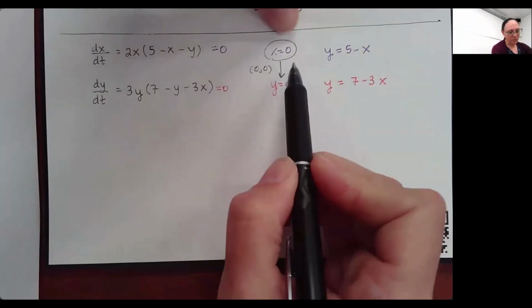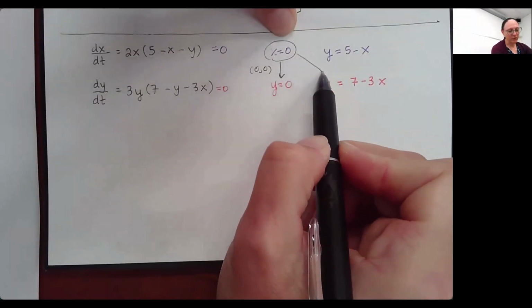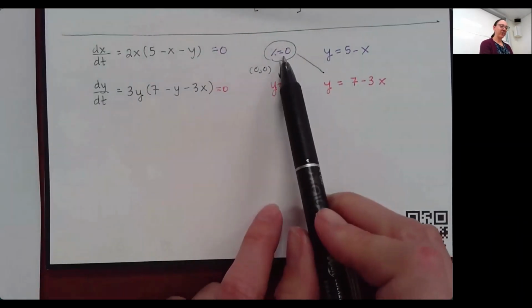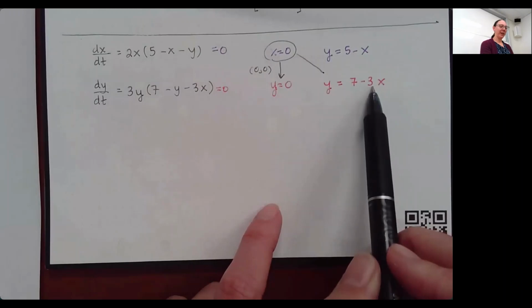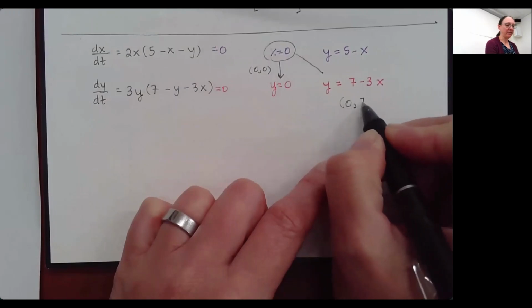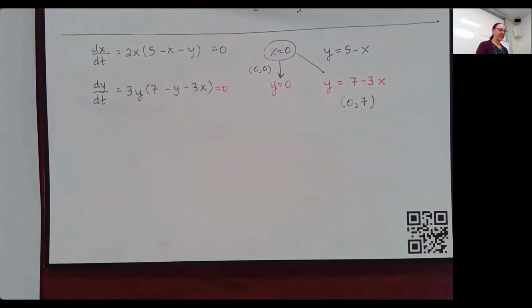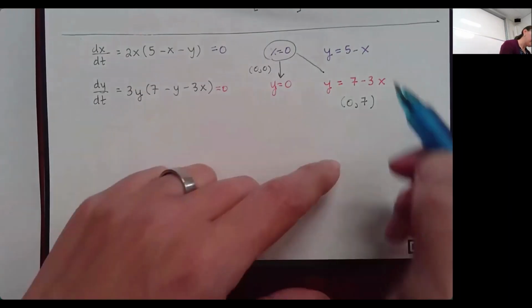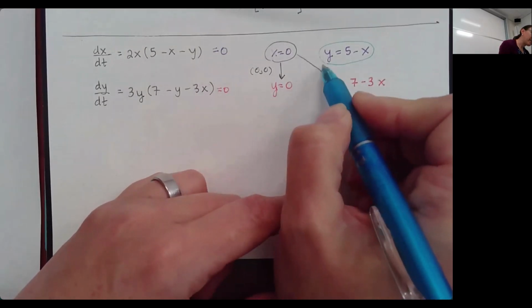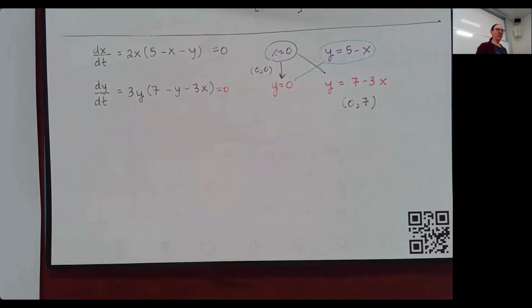If I pair up x equals 0 with this nullcline over here, that's equivalent to saying I could plug in 0 to this equation, and I'm going to get y is equal to 7. So that gives me the point 0, 7. Next up, I'm going to take this equation, and if I pair this up with y equals 0, that's equivalent to plugging in 0 for y.